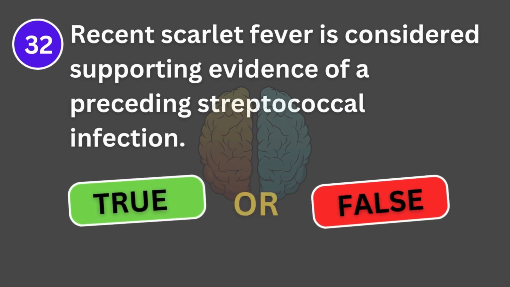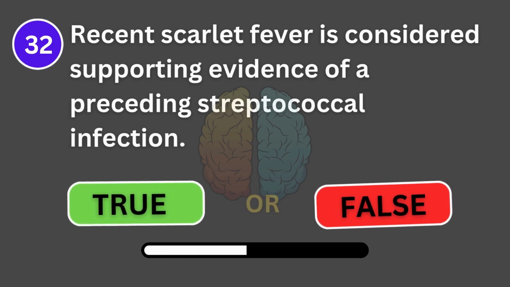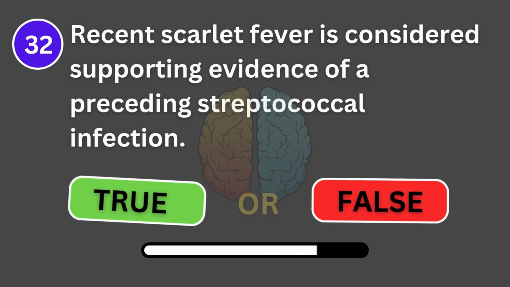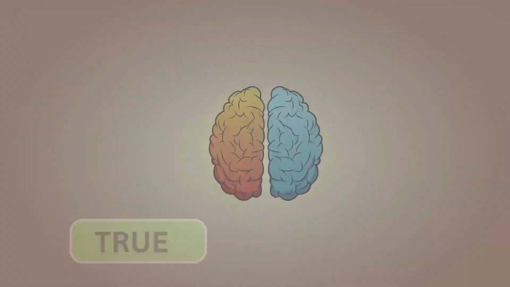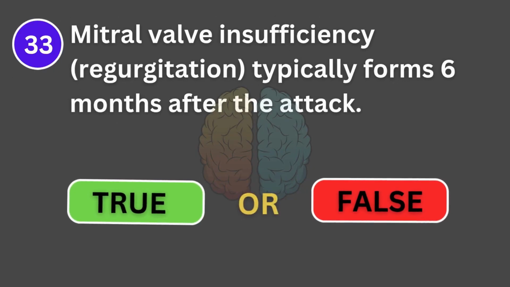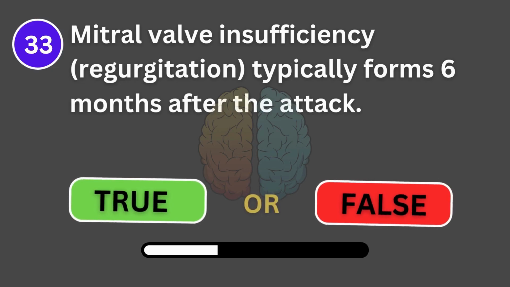Recent scarlet fever is considered supporting evidence of a preceding streptococcal infection. Mitral valve insufficiency, regurgitation, typically forms 6 months after the attack.